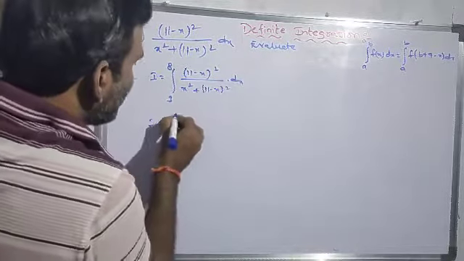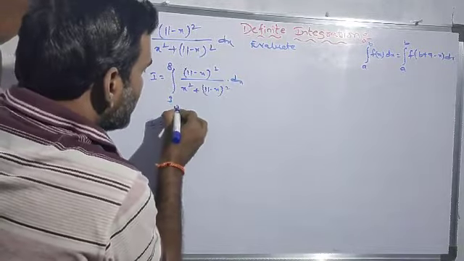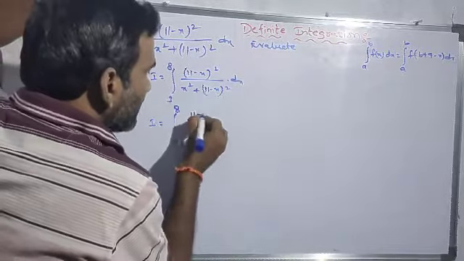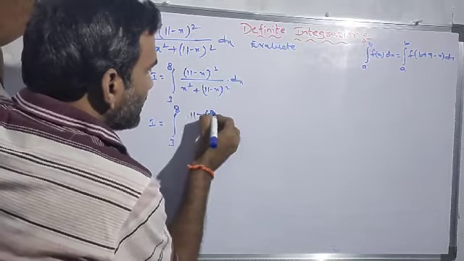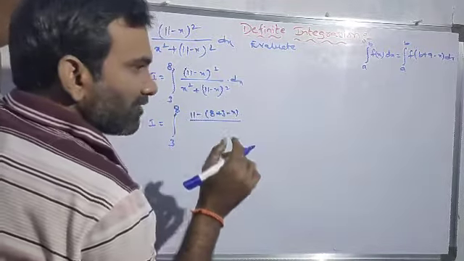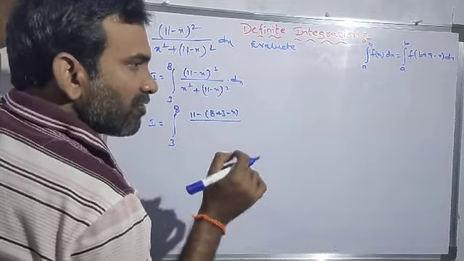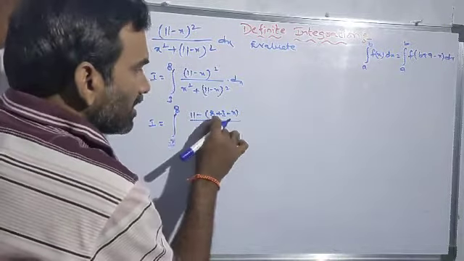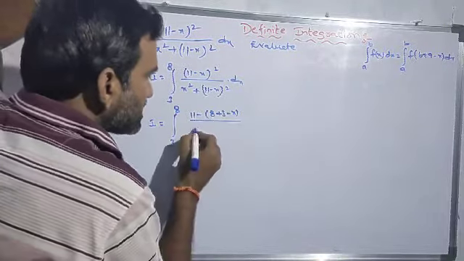Now the integral from 3 to 8, in the place of x we write 8 plus 3 minus x, that is f of (b plus a minus x).